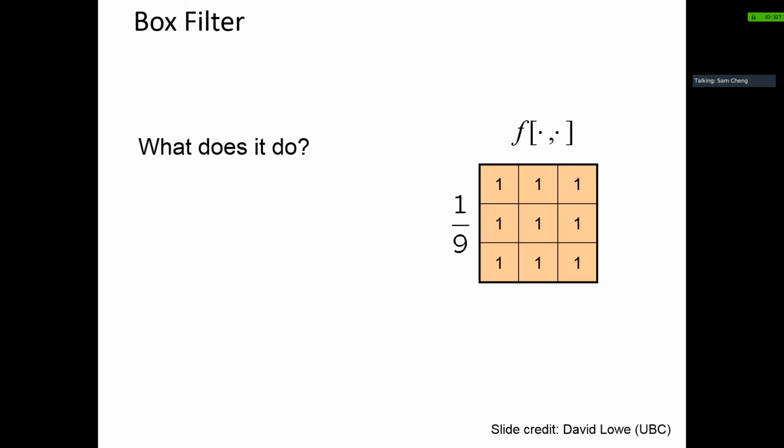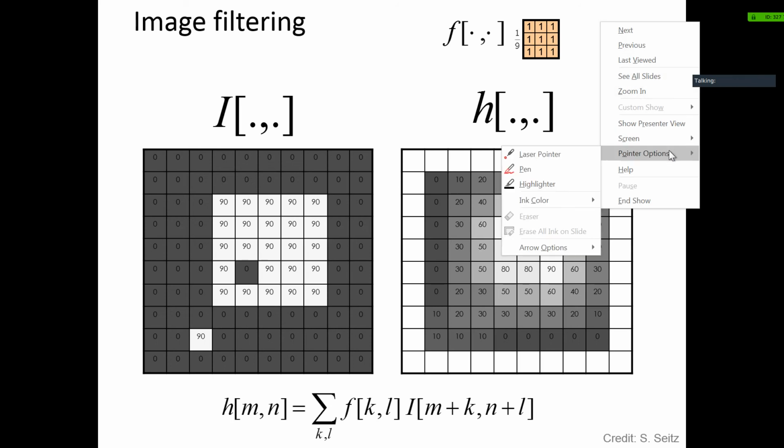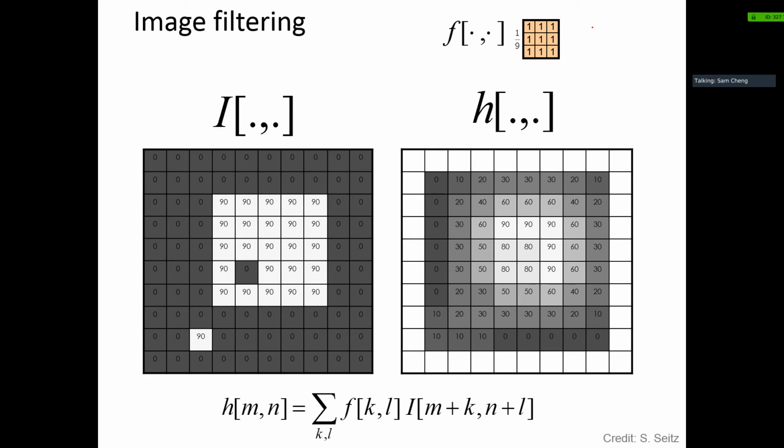For example, instead of all ones here, maybe I can have 1 0 0 1 0 1 0. This can be another filter. Basically, I'm just taking a patch here.